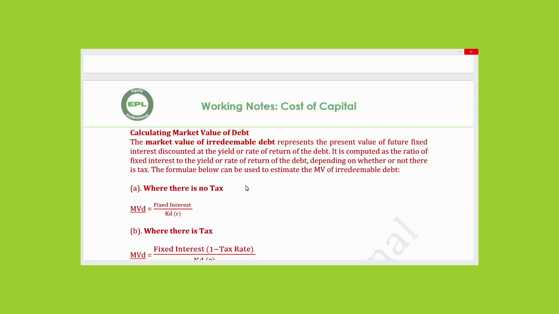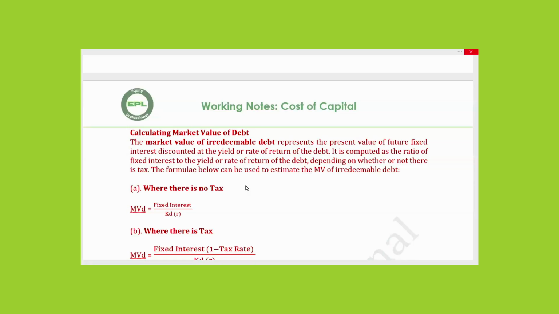In that case, you are using the cost of capital to benchmark whether the company has been able to create value. Another importance or significance of cost of capital is for valuation, all right? We use cost of capital for valuation.